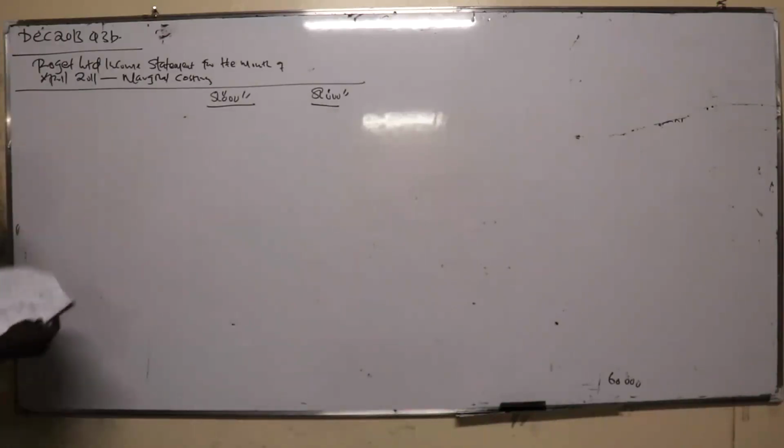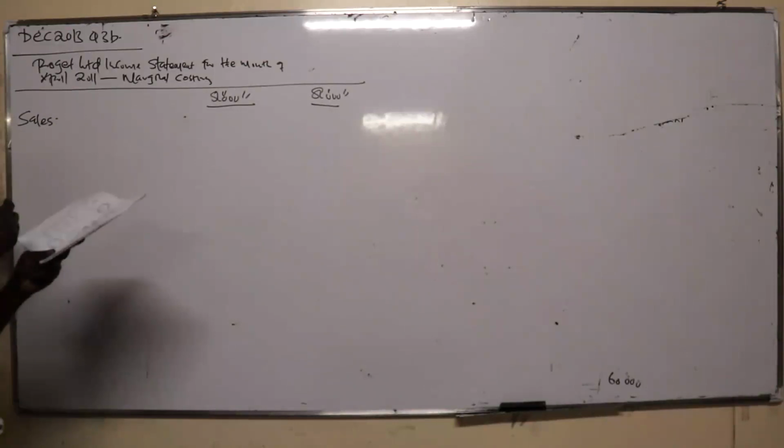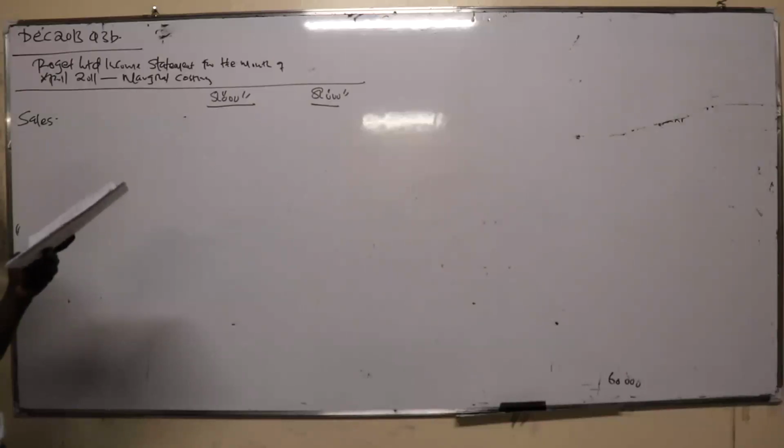So when you're told to prepare an income statement, it means you start with the sales figure. So the total sales value: they produced 240,000 units and sold 200,000 units.